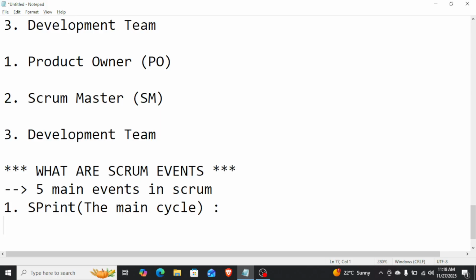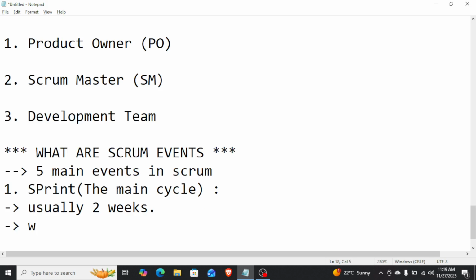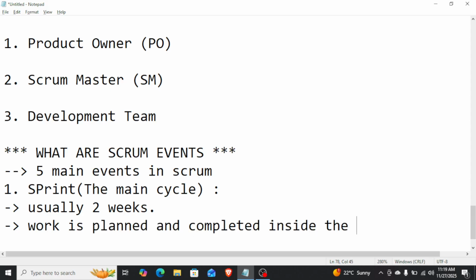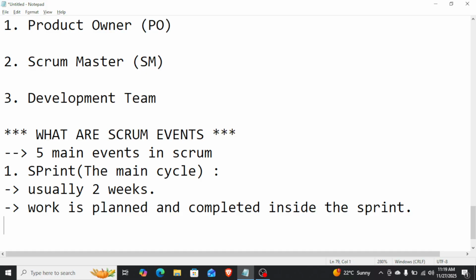Work is planned and completed inside the sprint. Delivers a working product increment.